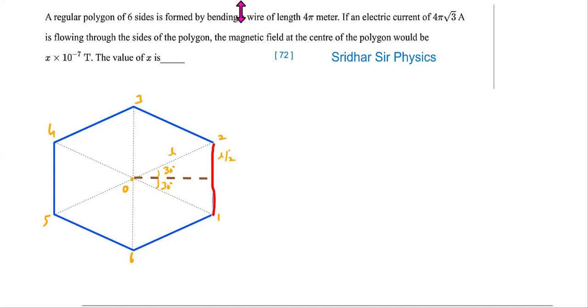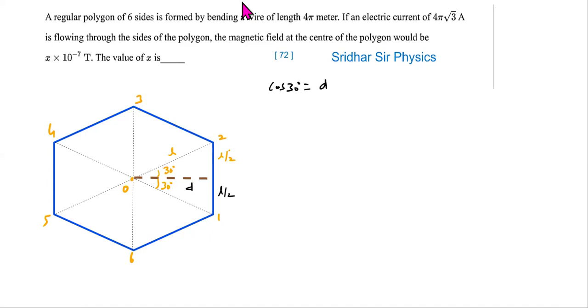For that we need a formula. This will be the distance d. For this, we'll use the formula cos 30 degree equals d by L. What is 4 pi meter?